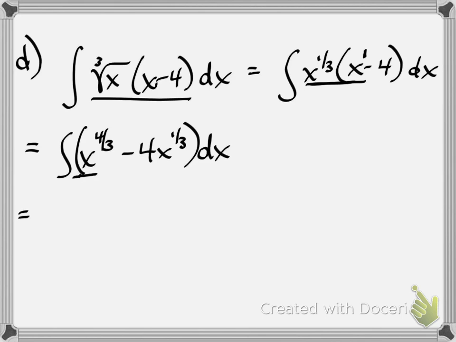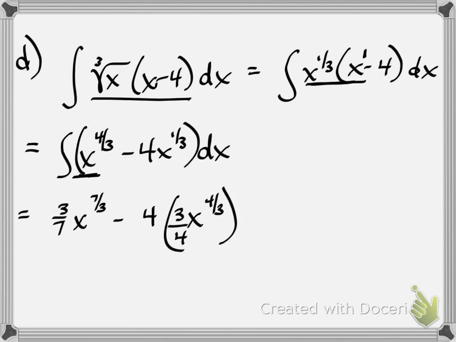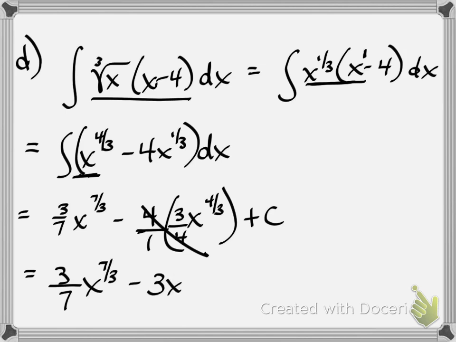So now I can integrate this, and it becomes x to the 7/3 divided by 7/3, but we would rather multiply by 3/7 minus 4 times x to the 4/3 divided by 4/3 or multiplied by 3/4 plus c. 4 times 3/4 cancels the 4's. So 3/7 x to the 7/3 minus 3x to the 4/3 plus c.